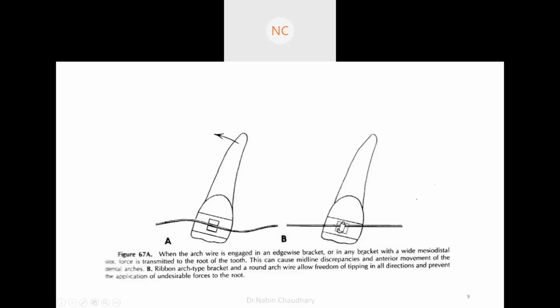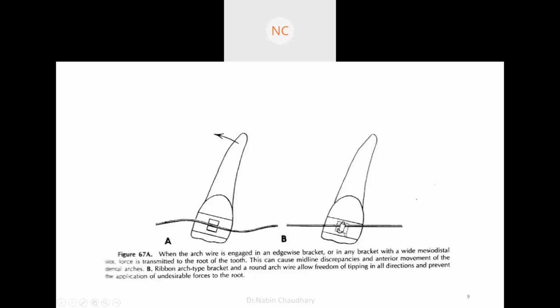So Begg modified the ribbon arch bracket, which he was exposed to during the study under Dr. Angle.